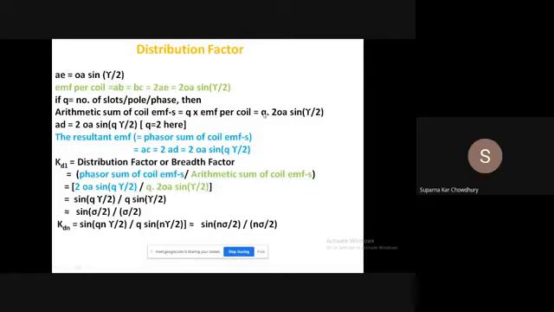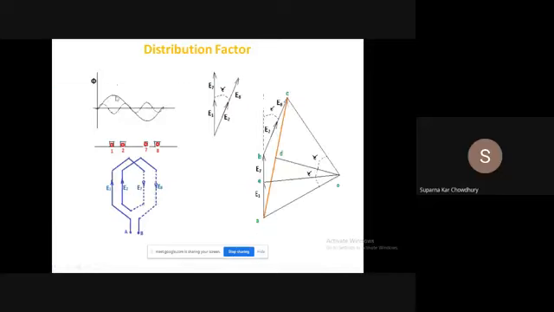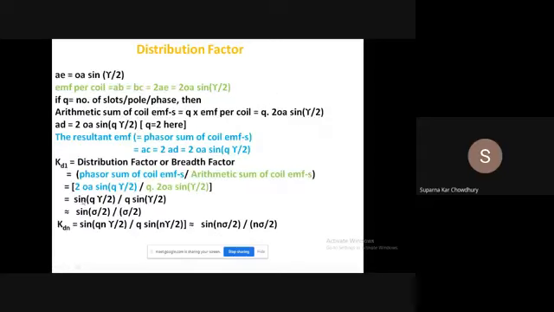But because of the distribution, what we are getting is this value. So the ratio of these two is called the distribution factor. This is KD1, the distribution factor for the fundamental, because what I have drawn is for the fundamental flux wave. So this will be sine Q gamma by 2 by Q sine gamma by 2.